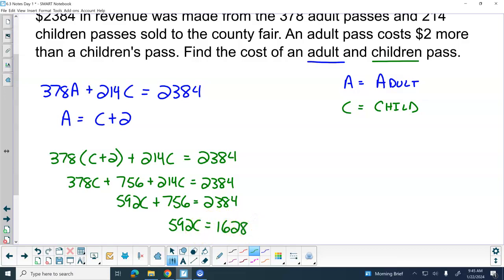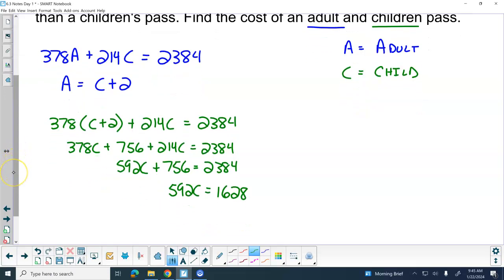Divide that by 592. 2.75. So a kid's pass costs $2.75. If a kid's pass costs $2.75, how much does an adult pass cost? $4.75.